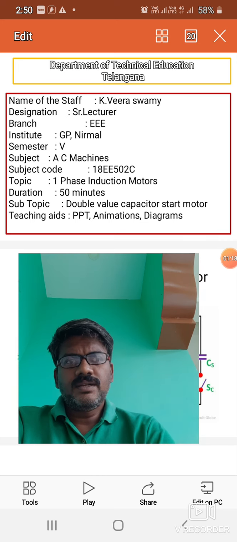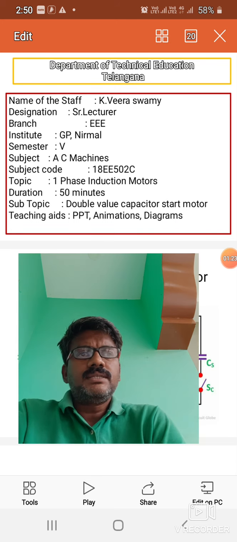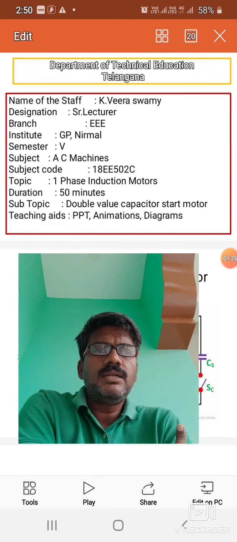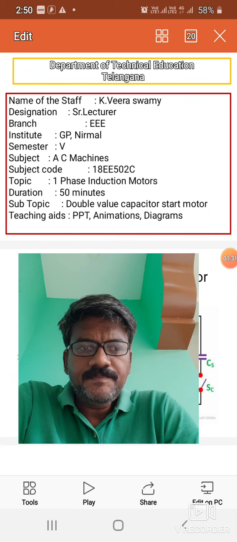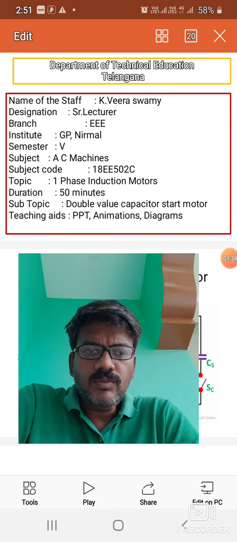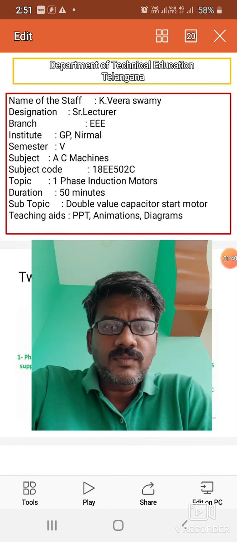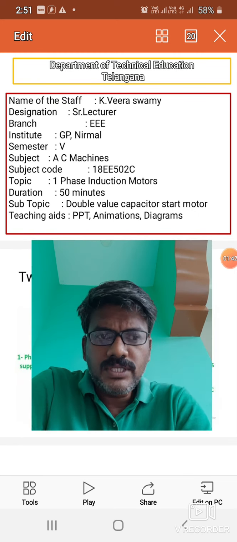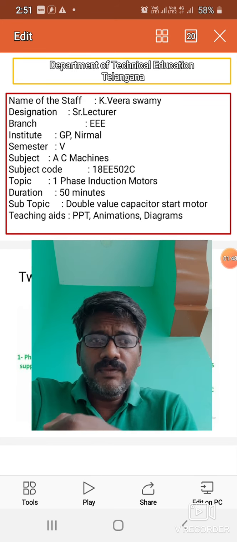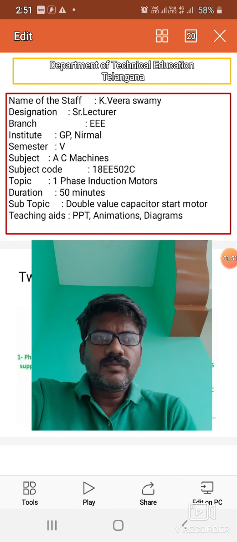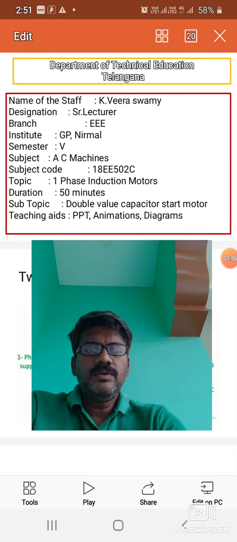Before going to double value capacitor start and run motor, first we will recap what is the single phase induction motor, what is the basic working principle of that motor, and why we are using two value capacitor instead of single value capacitor.